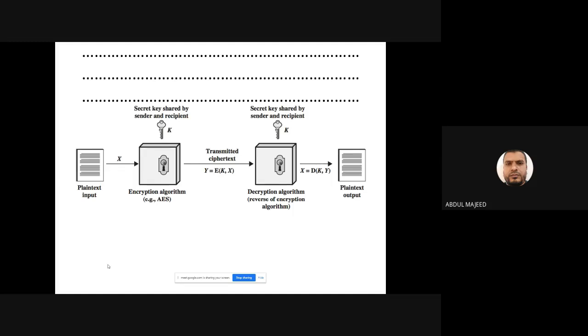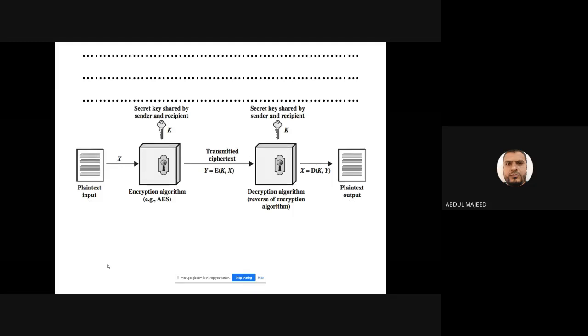On the left hand side two things are there, and on the right hand side two things are there. On the left hand side we are encrypting the plain text, and on the right hand side we are decrypting it. First we studied the ingredients: plain text, encryption algorithm, and a secret key shared between the sender and recipient.